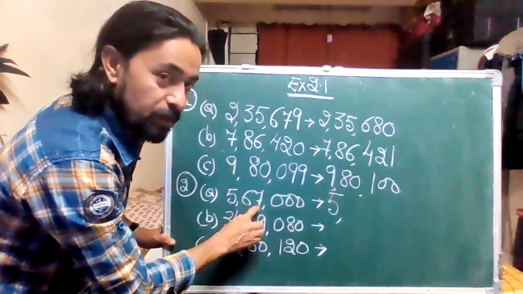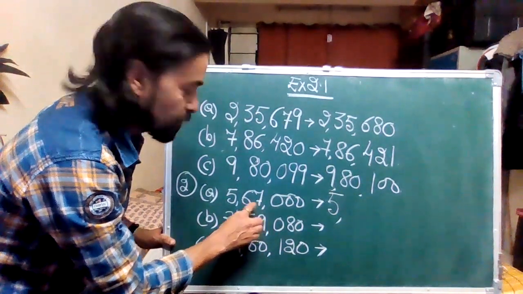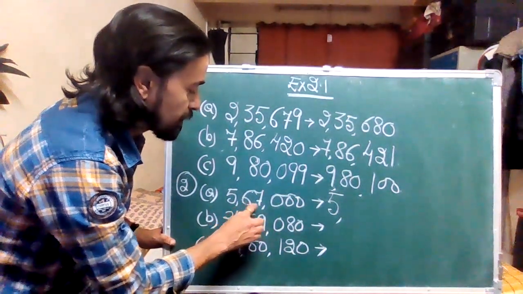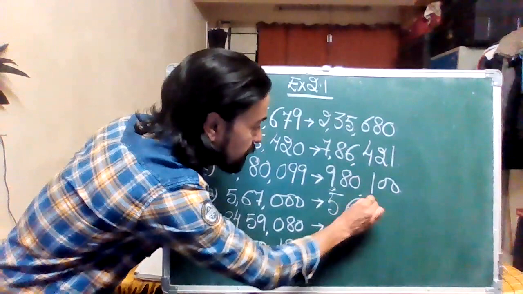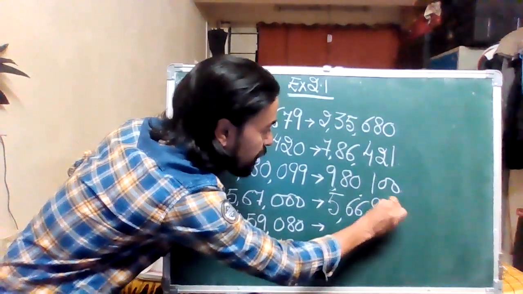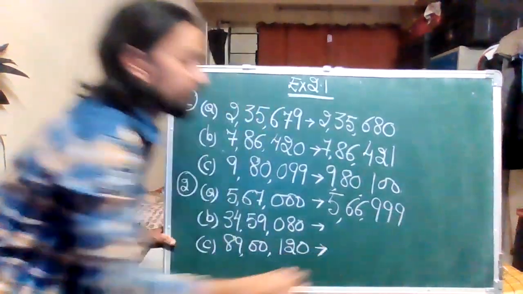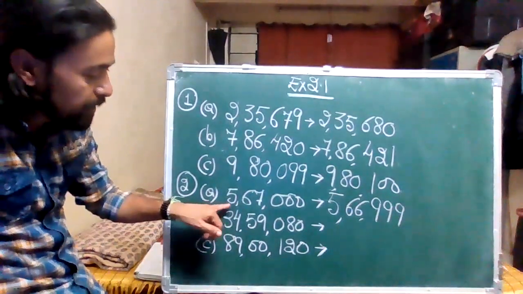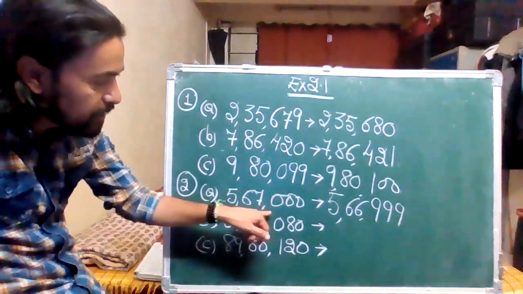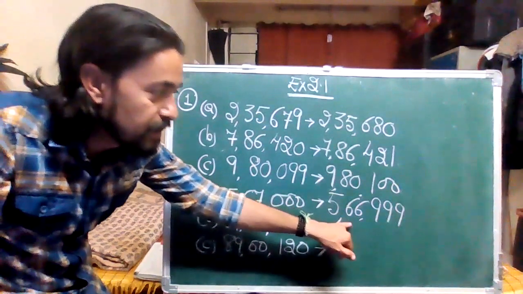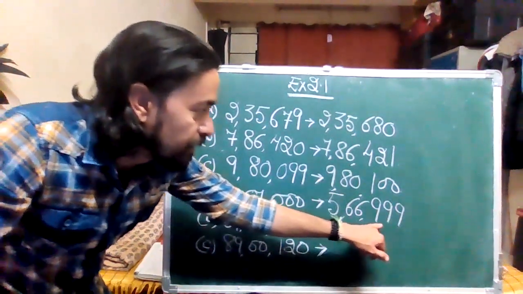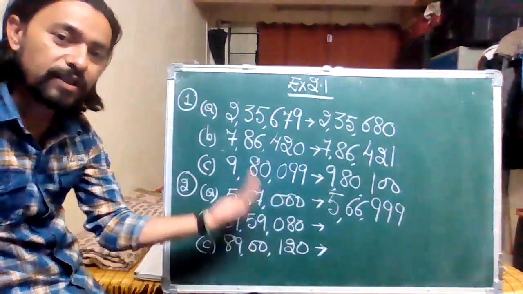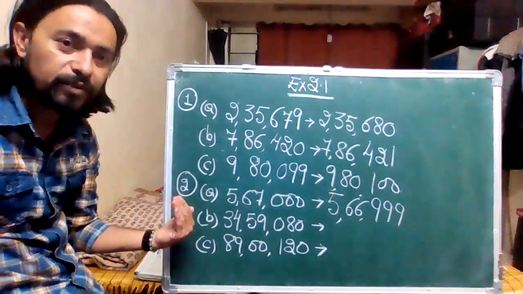So I'm going to replace this by less than 1. So this 67 will become 66,999. So the predecessor of 5,67,000 will be 5,66,999 because it comes just before 7,000.